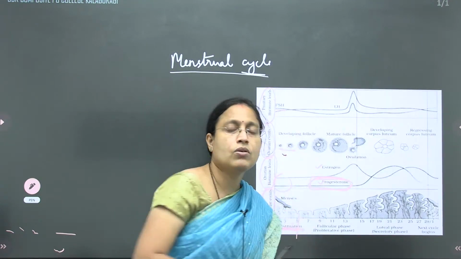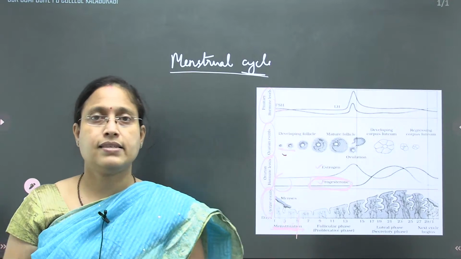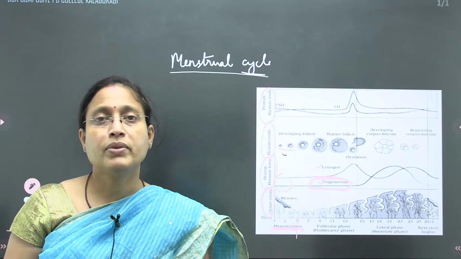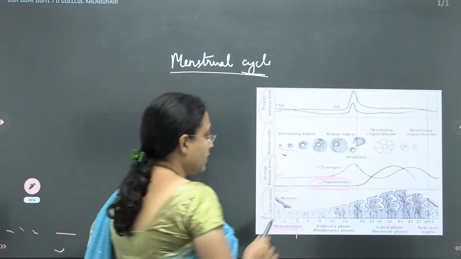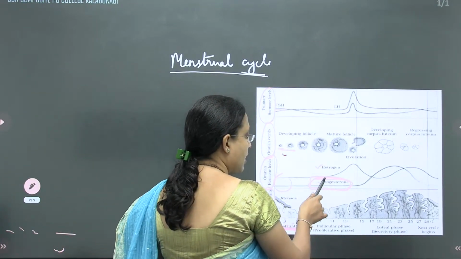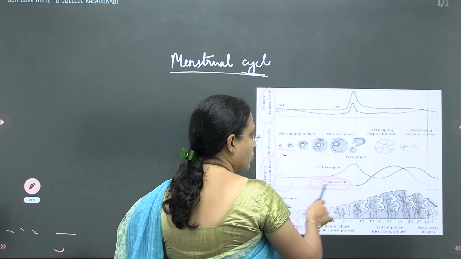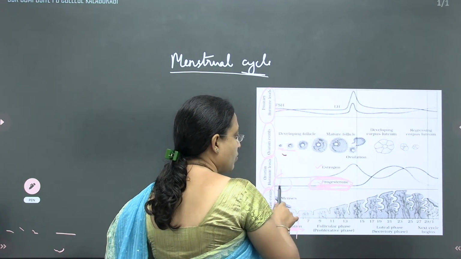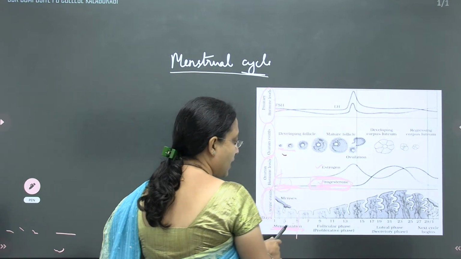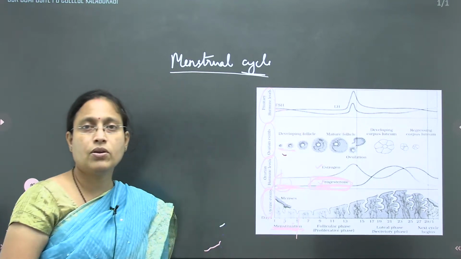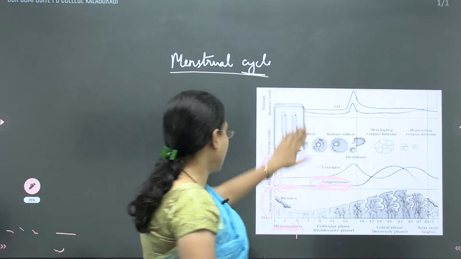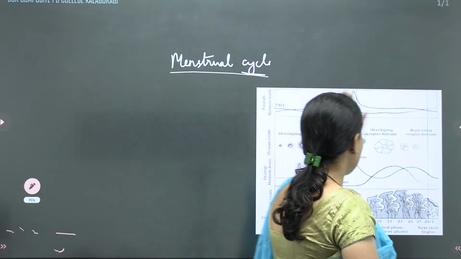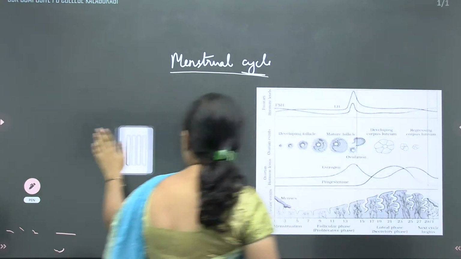FSH and LH levels are also low. That is the condition in the menstrual phase. The key hormone during menstruation is the drop in the concentration of progesterone. This drives the breaking of the endometrium and the subsequent release of the discharge.